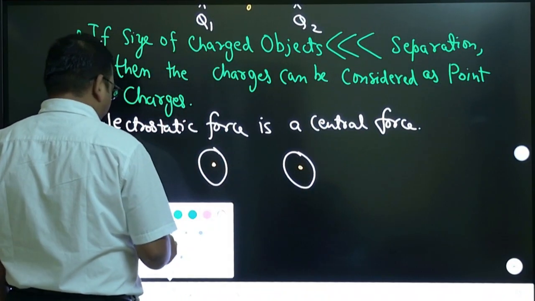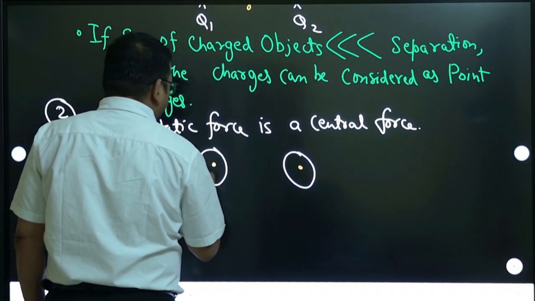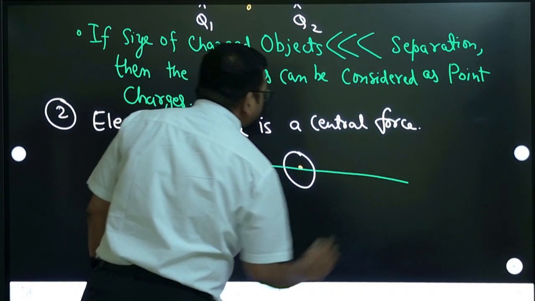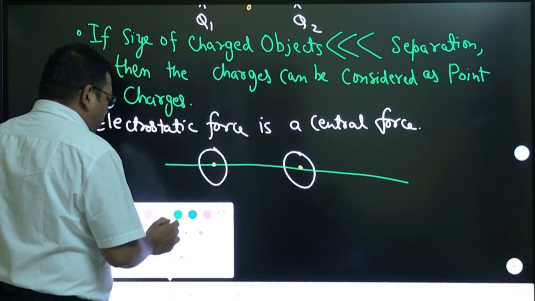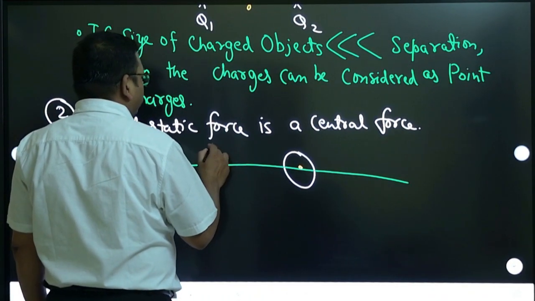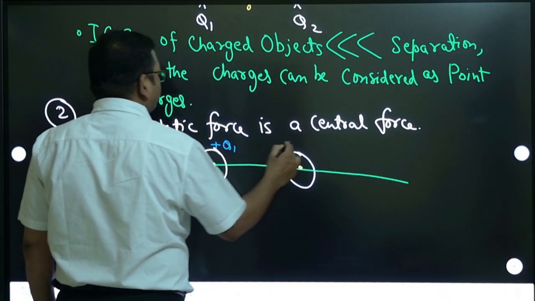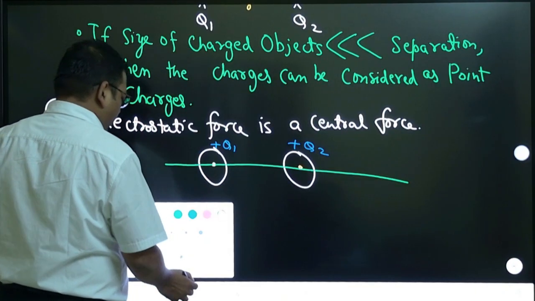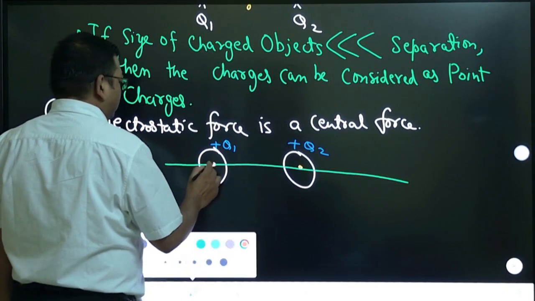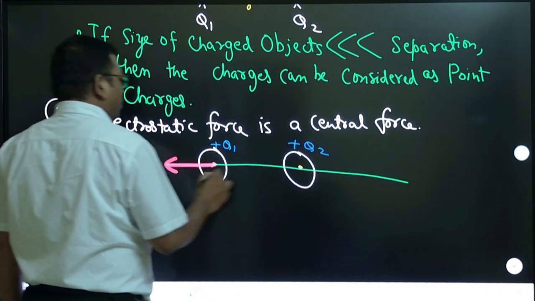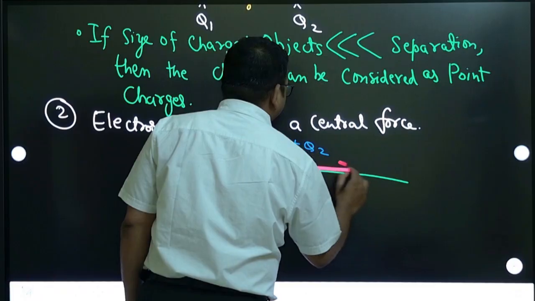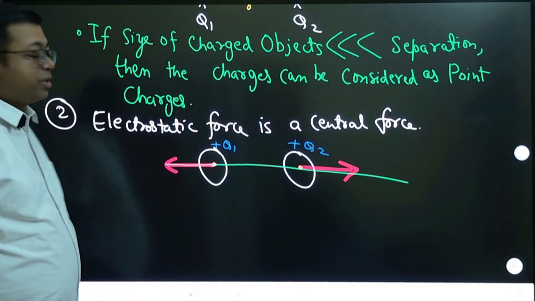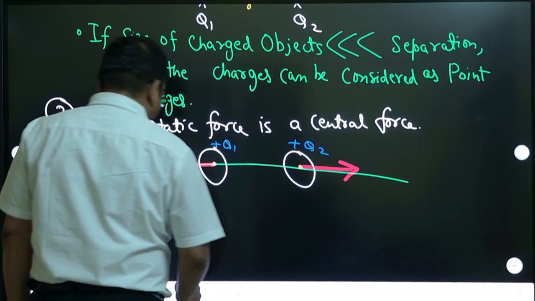The force of interaction acts along the line joining the centers. So you join the line, and let us say that they are similar charges, plus q1 and q2. Let us say they are going to repel. So the forces will be acting along the same line. That is what is called central force.